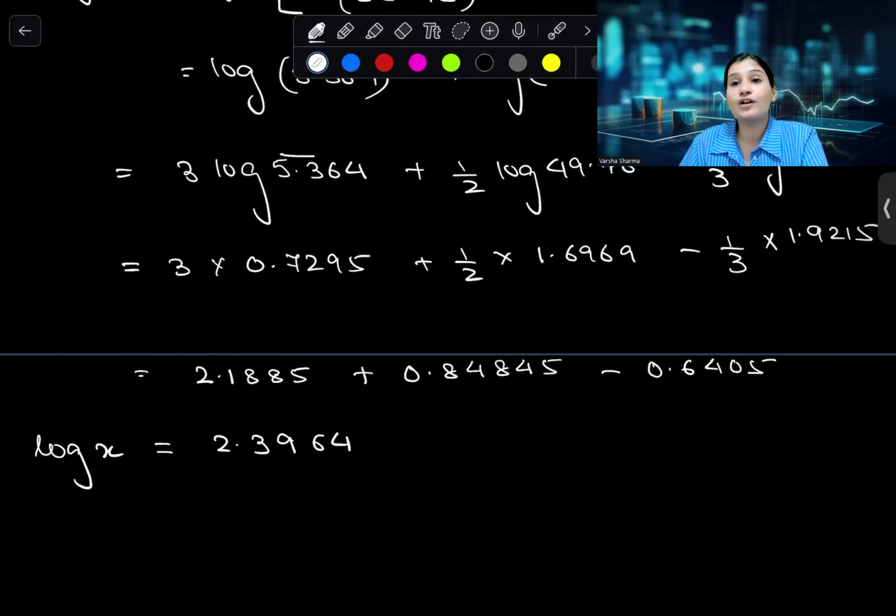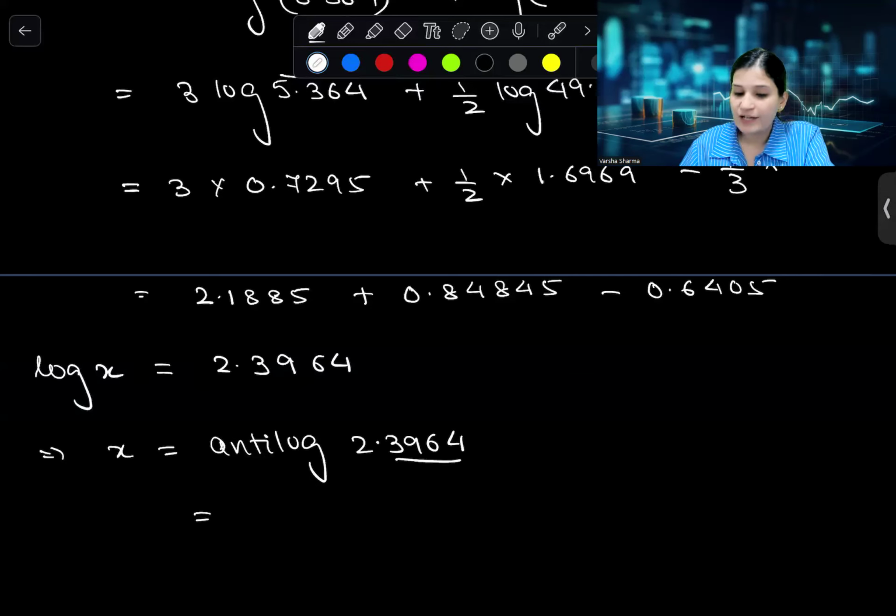But we wanted the value of x. So if log x is this, then x will be the anti-log of 2.3964.